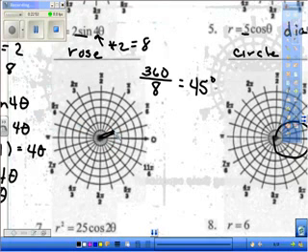Because here's 15, 30, there's 45. Trying to get these in the right spot. Should be right about there. Yeah, they're pretty tiny on this one.